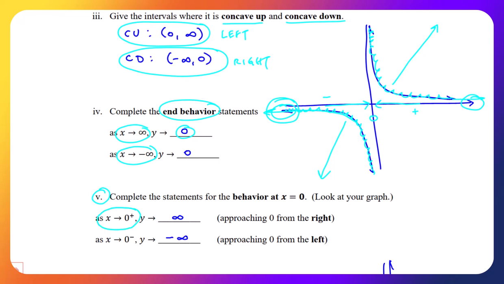As we approach 0 from the positive end, it's going to go up, infinity. But if we approach 0 from the left, it's going to go down to negative infinity. So again, plus from the right, negative from the left.